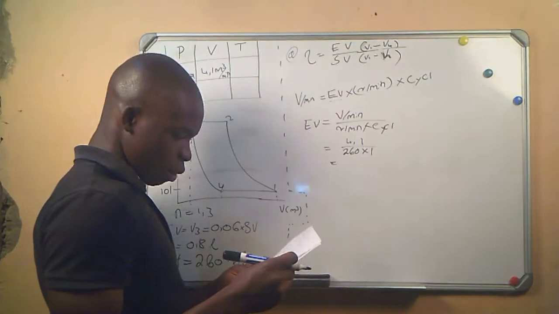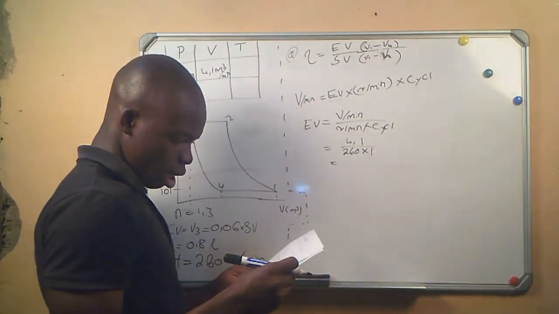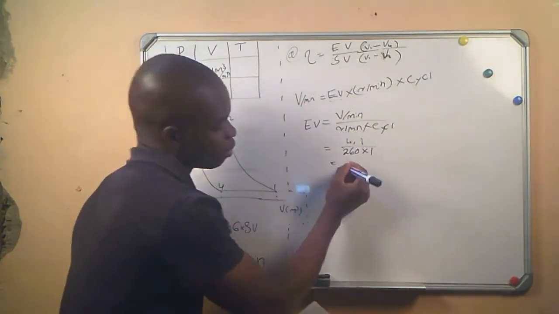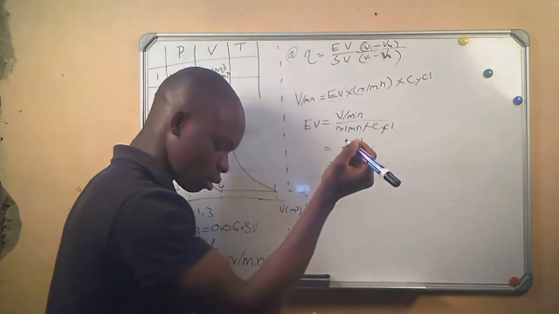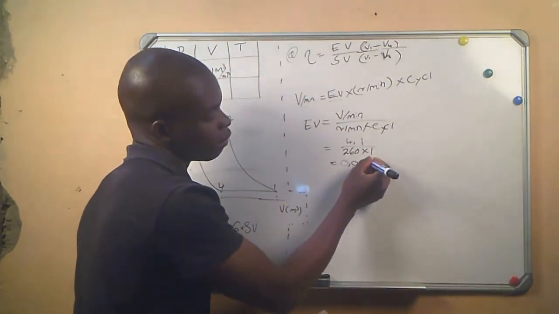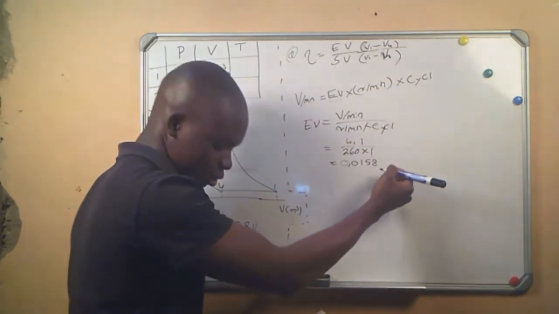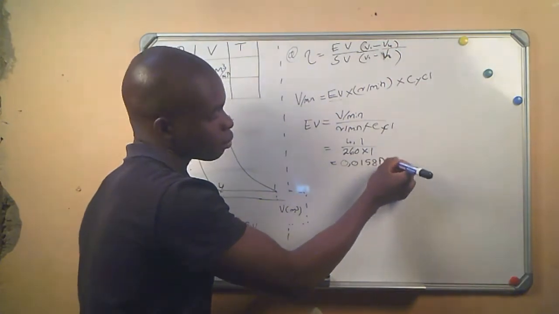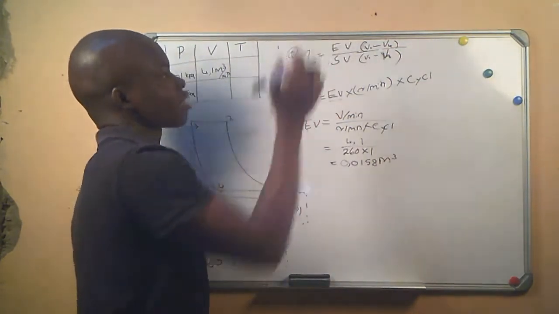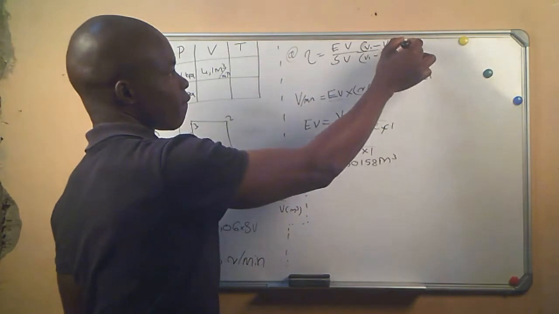And then I got my answer for this is 0.0158 cubic meters. So we are done with our first volume.